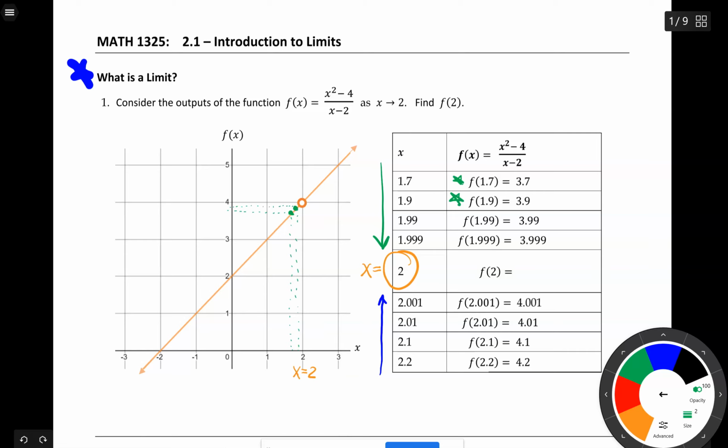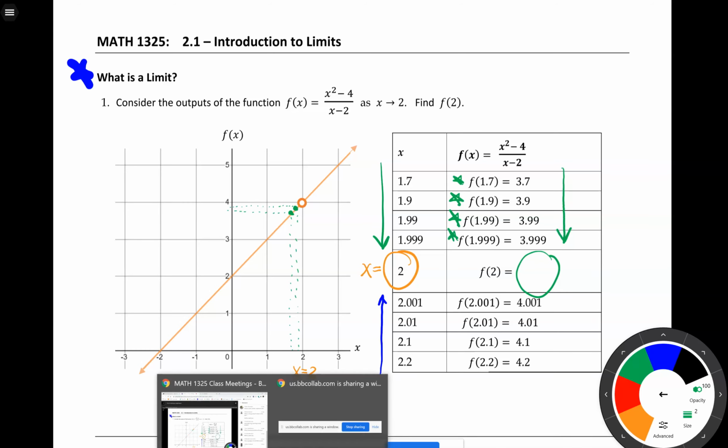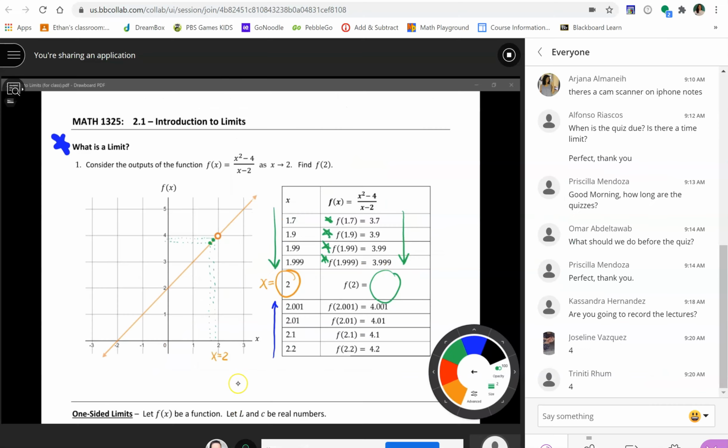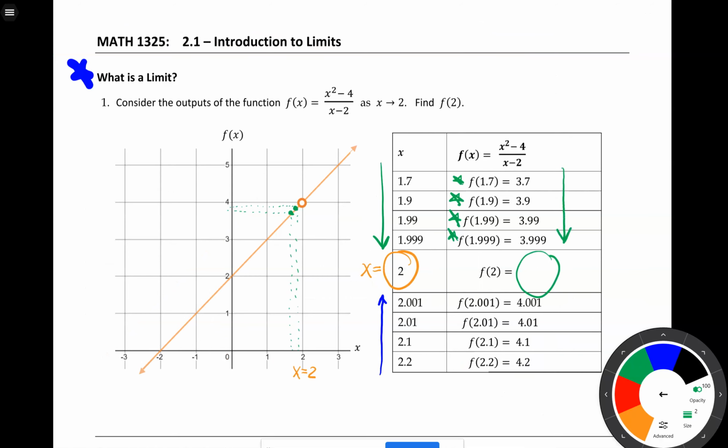My height got closer to 4. And then if I got closer and closer to 2, what number does it look like the height should be approaching? If I was just following the pattern, you can throw it in the chat. What number do you think we should get? Yeah, 4, right? Looks like we should be getting a 4. Okay, so I'm going to put a little 4 here. That's what it looks like.